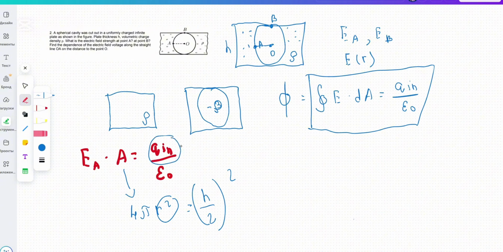But we don't have charge in our case, so we need to write it by using charge density.